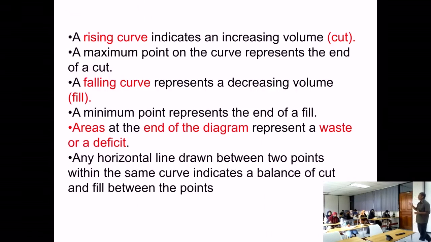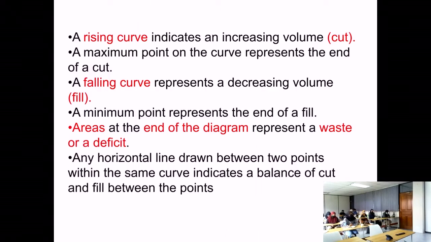A minimum point represents the end of fill. So you are at the bottom, before going up, the end of fill. The curve may be at the bottom, but actually it has started to cut again. An area at the end of the diagram represents a waste or a deficit. This is the one from before, I'll show you some in the last session. At the end of the diagram, if your curve doesn't touch the zero line, that means it is a waste or shortage.